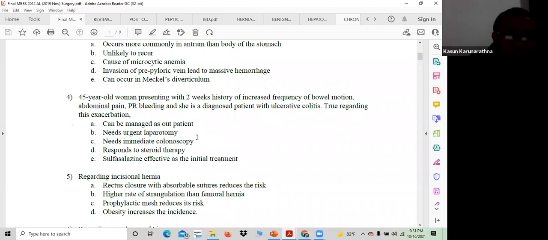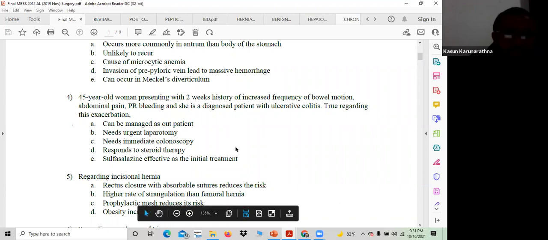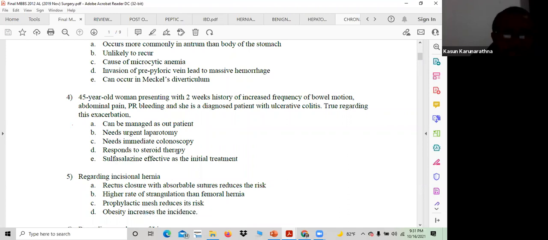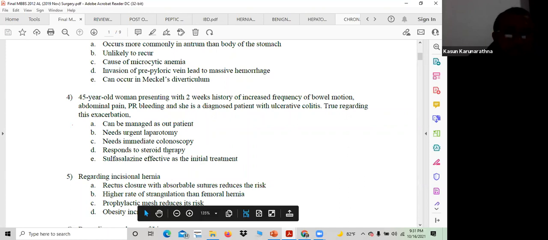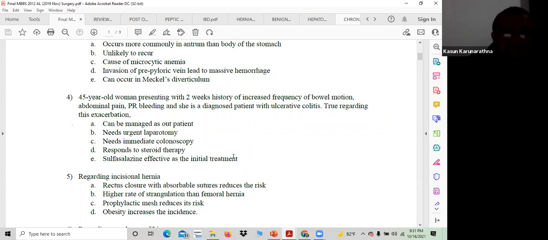Response to steroid therapy, yes. We give steroids to achieve remission, then maintenance by sulfasalazine or mesalazine. Sulfasalazine is effective as an initial treatment. Yes, true.